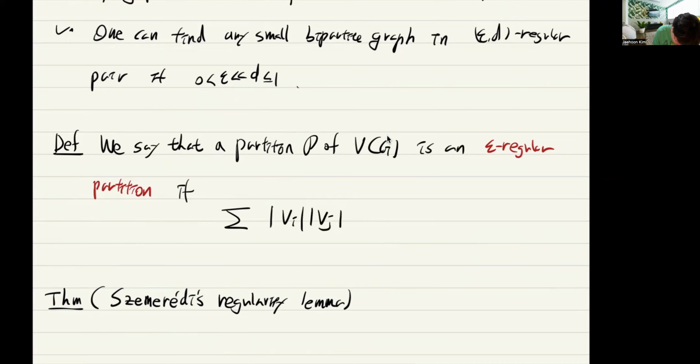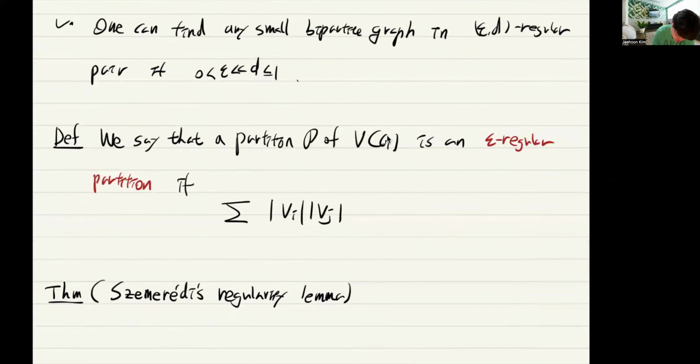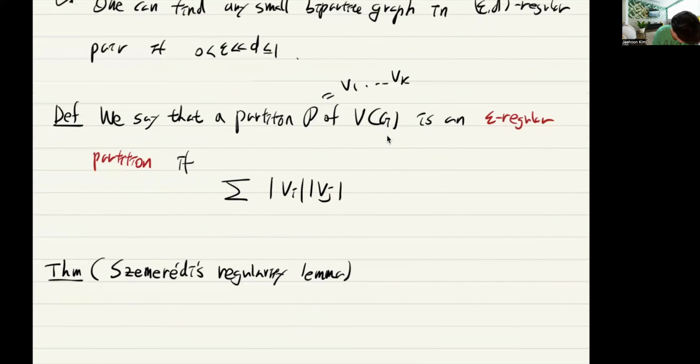In this partition, we have Vi and Vj. So this partition is from V1 to, say, Vk.